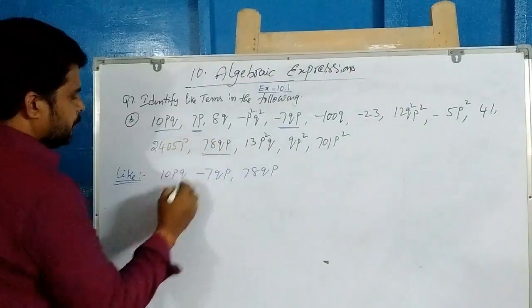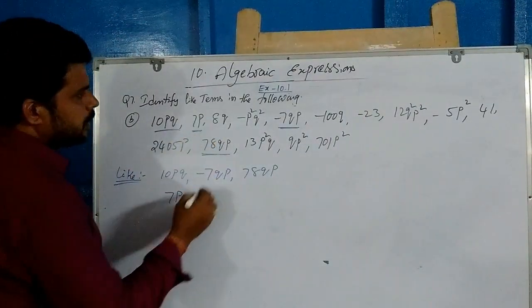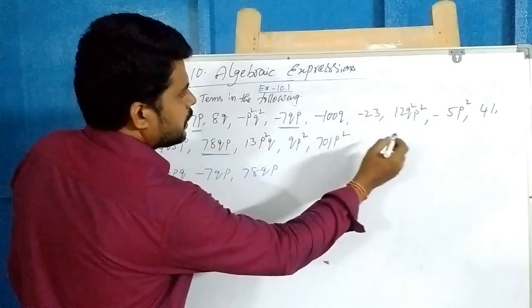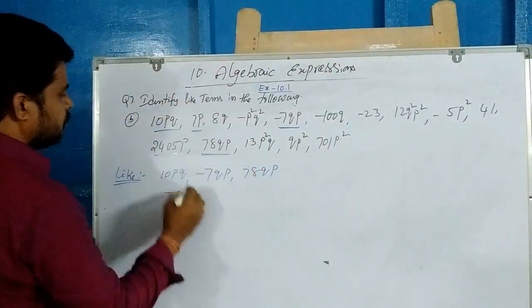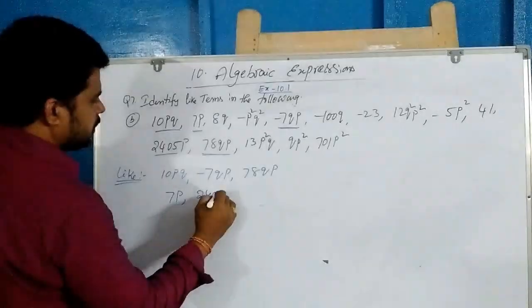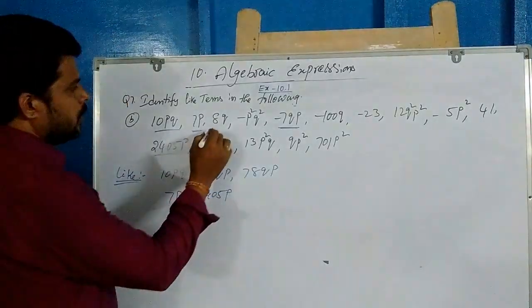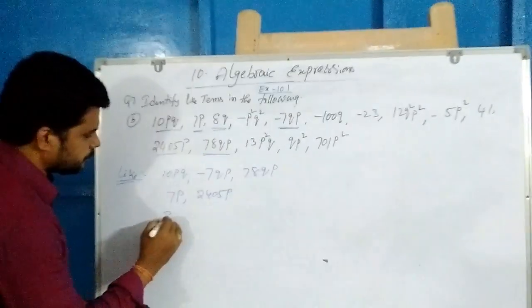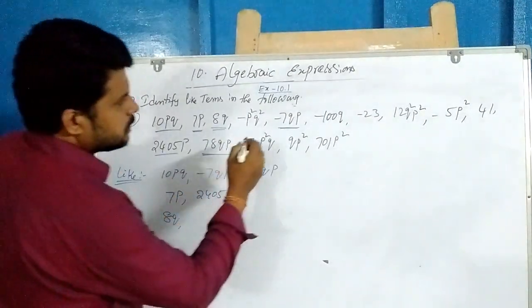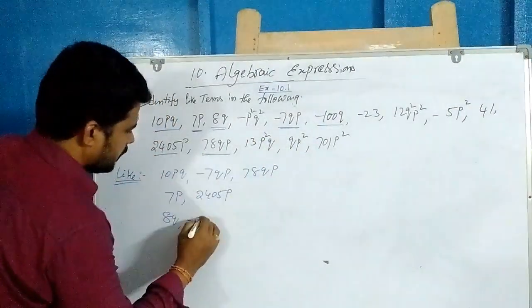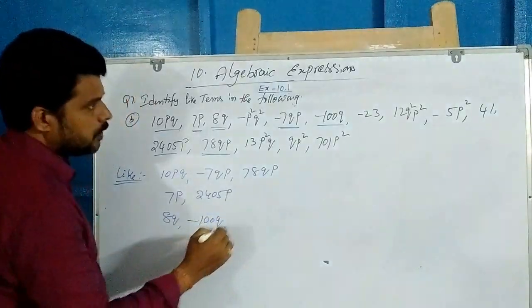Next, 7P. Where is another P? 2405P. So these two are P terms. 8Q. Check where: 100Q, minus 100Q.